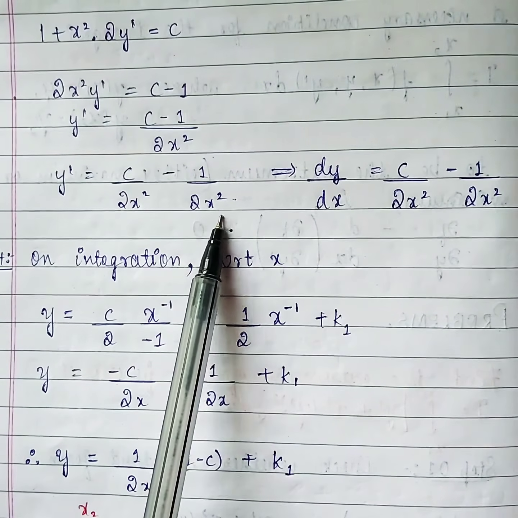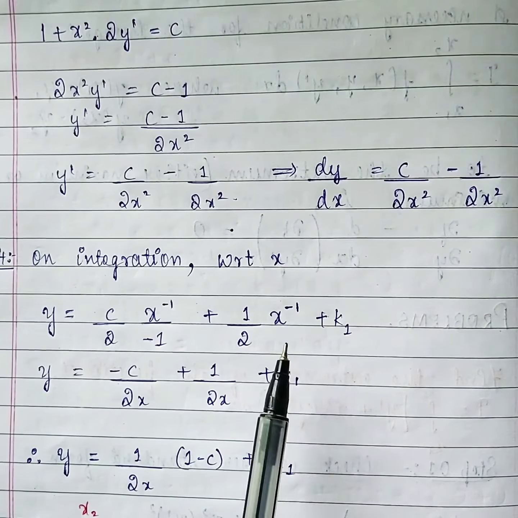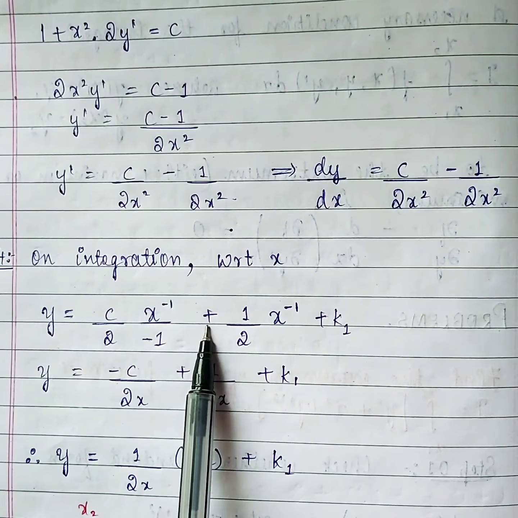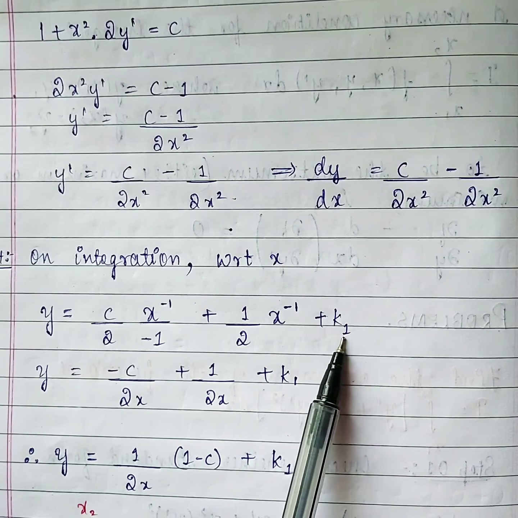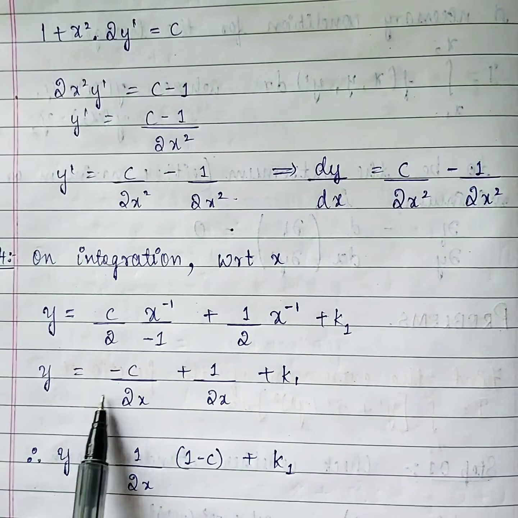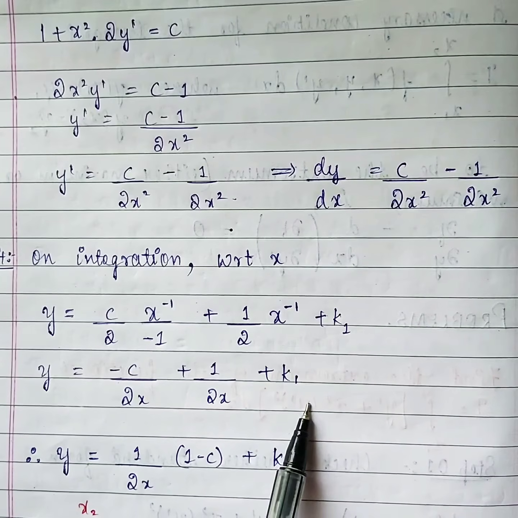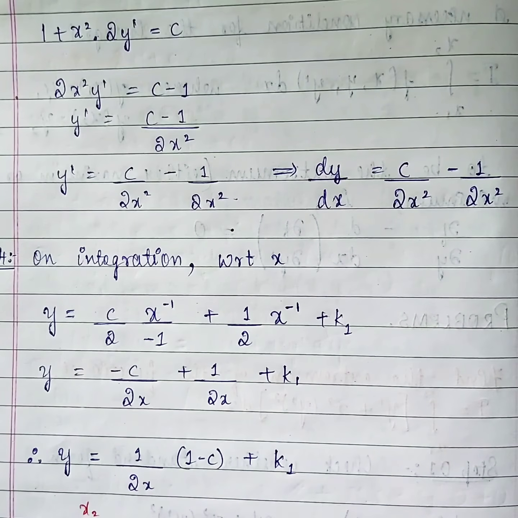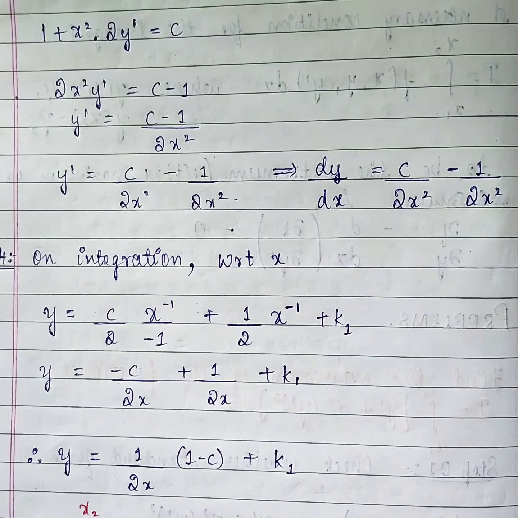Again x power minus 2, if it comes to the numerator, x power minus 1 by minus 1; this minus became plus. And when we integrate, we get an integration constant, say k1. So we get y is equal to minus c by 2x plus 1 by 2x plus k1. And by taking the term 1 by 2x common, we get this equation. So this is the solution.